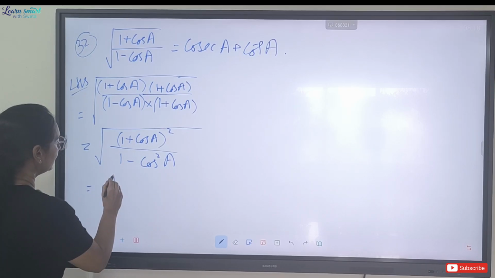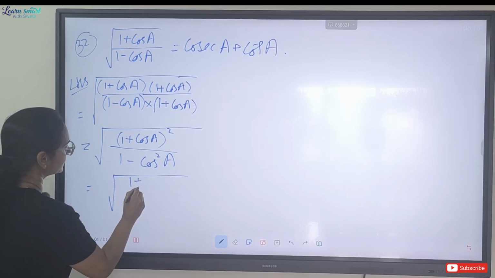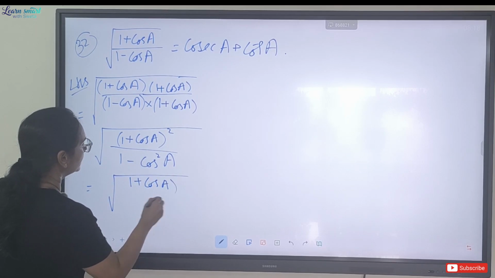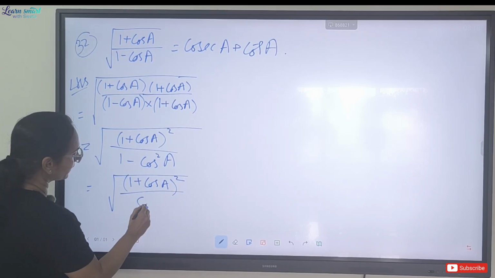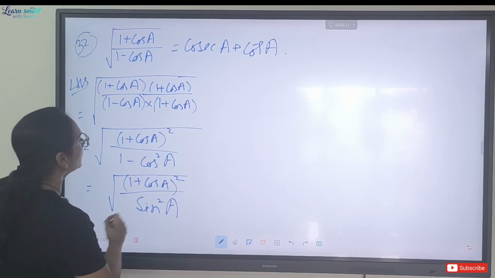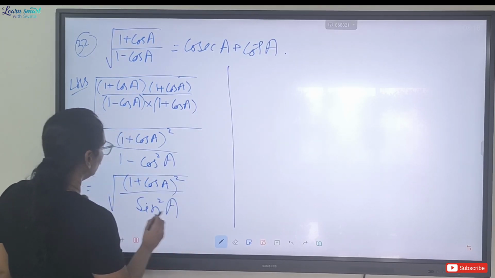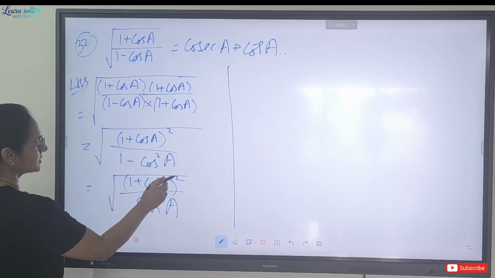Now let's write the numerator as it is, 1 plus cos A the whole square upon, and this we can write as sin square A. And now see, under root we have 1 plus cos A whole square.